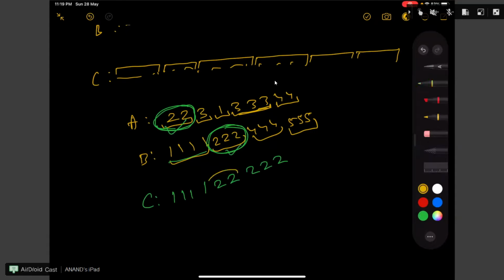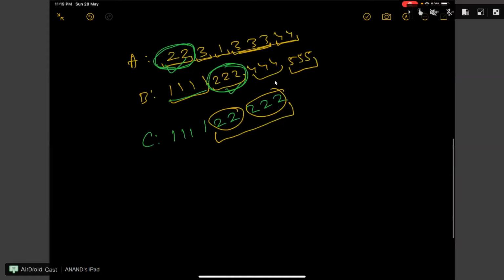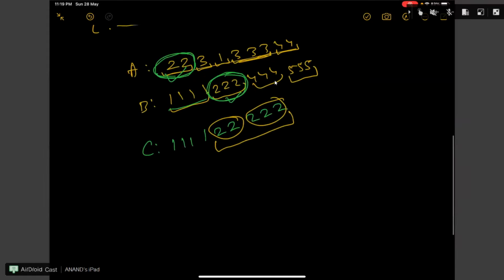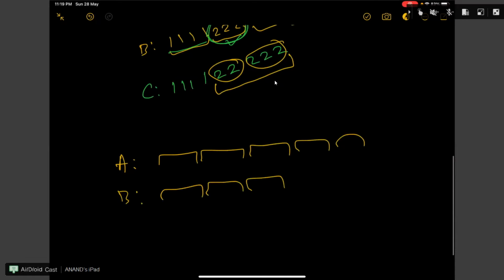In this way you can see you have basically merged these two into a single chunk in your array C. So the logic is that if you break your arrays A and B into sequences of equal elements, then you can never combine two chunks of equal elements from the same array. So let's say your array A consists of equal elements like this and your array B consists of equal elements like this.